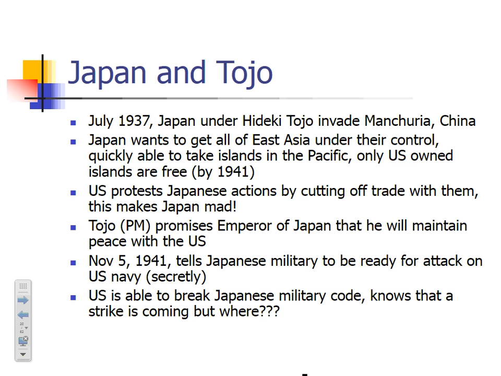Because prior to and during World War II, the United States is the largest exporter of oil, though after World War II, it will become the largest importer of oil. And so you don't mess with people and their oil. You do not mess with their ability to get resources. So Japan is super, super, super mad. And Tojo, the Prime Minister, the Emperor Hirohito, the military people, he's like, listen, we don't want to fight you, United States.